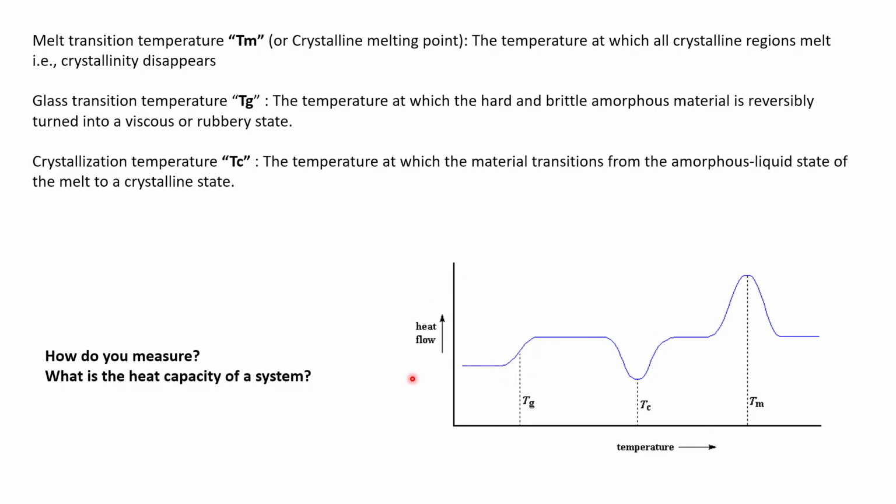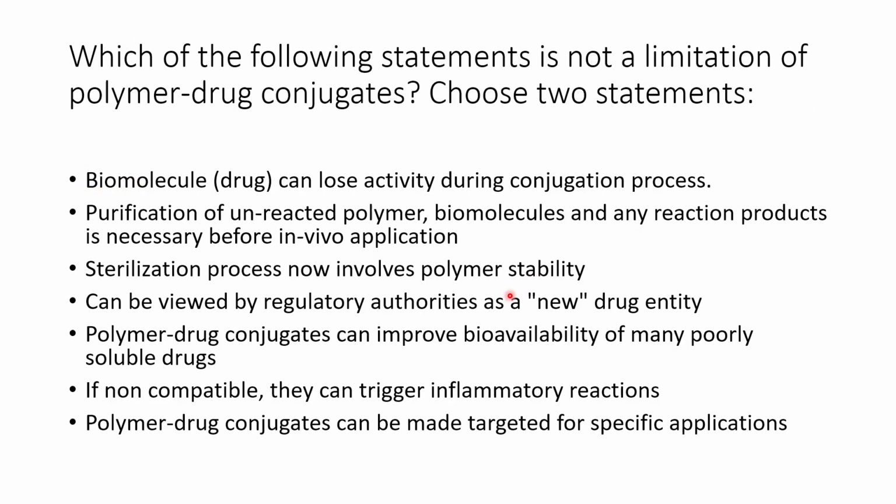Yeah, so we've just talked about this. Obviously increasing temperature would change the nature of the polymer, right? 121 degrees centigrade for a given polymer might just be the melting temperature. So you're melting the polymer at that point, or at the crystalline temperature, you're crystallizing the polymer. So temperature plays a very big role in polymer stability.